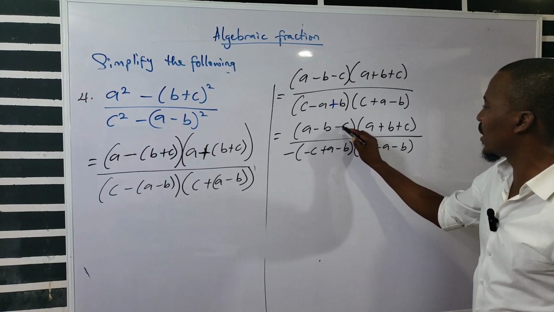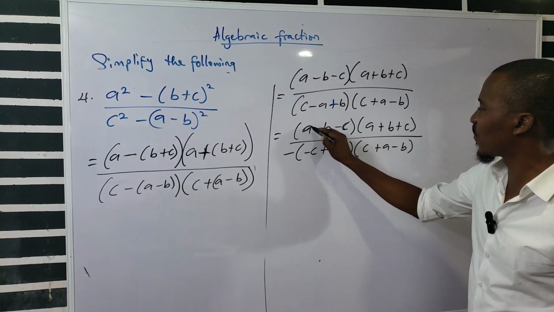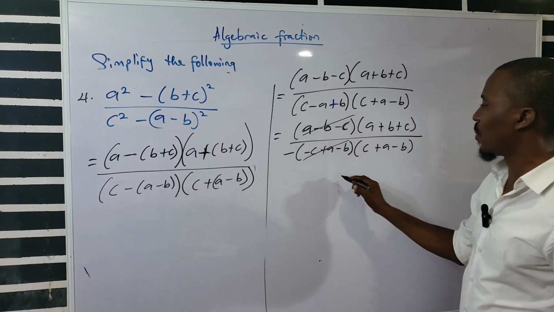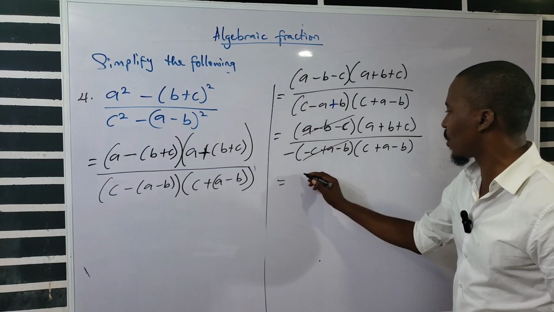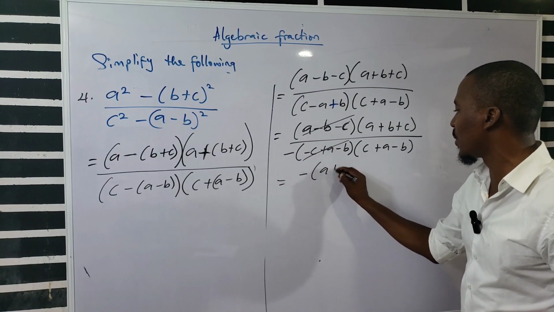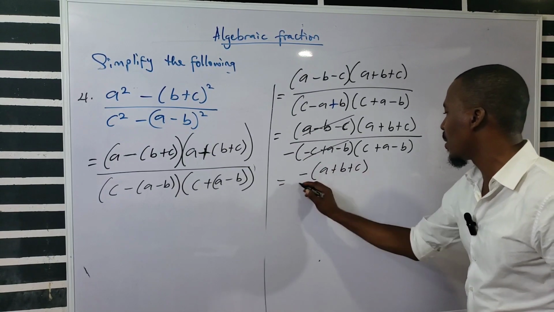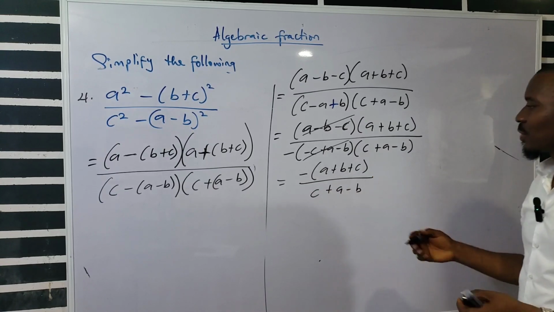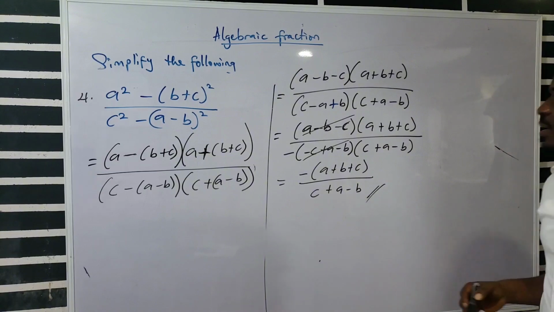And since c is minus, a is plus, and b is minus, this and this can go. Then you bring your minus up here, you have minus into a plus b plus c all over c plus a minus b. So we have gotten our answer.